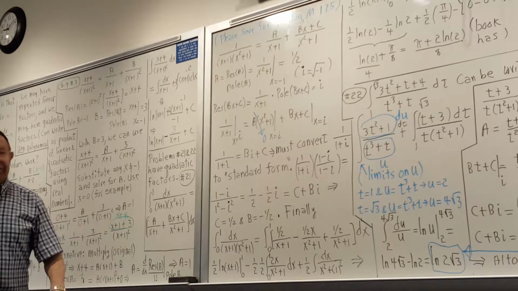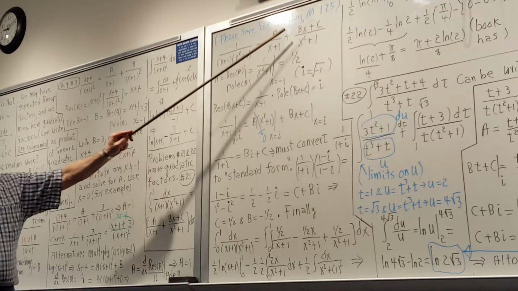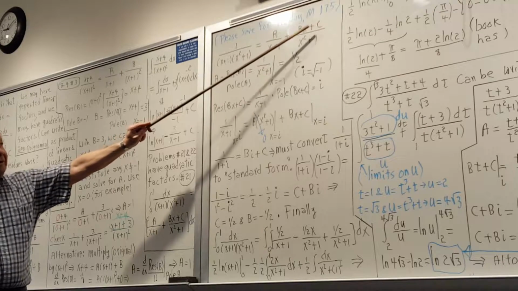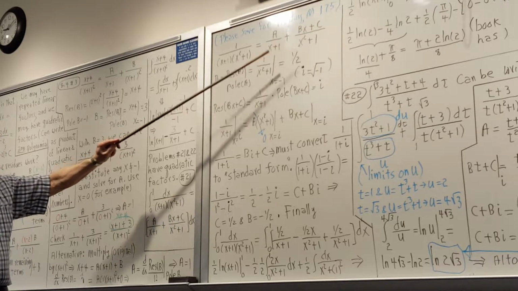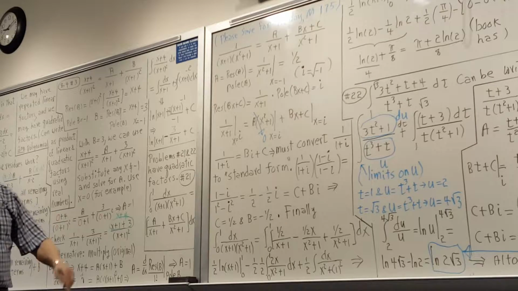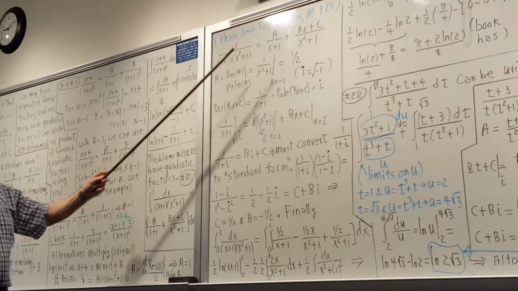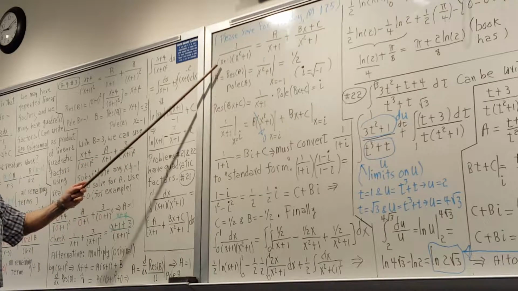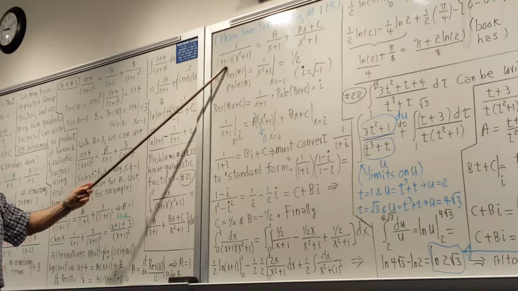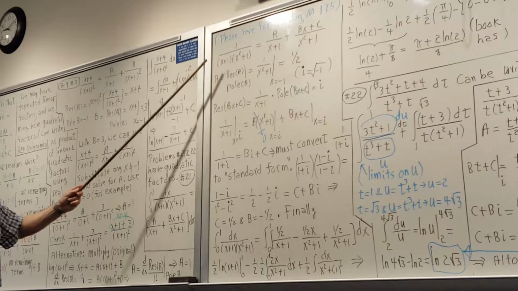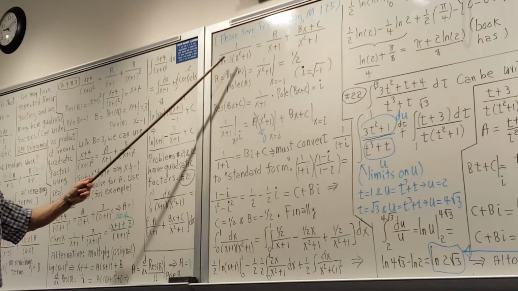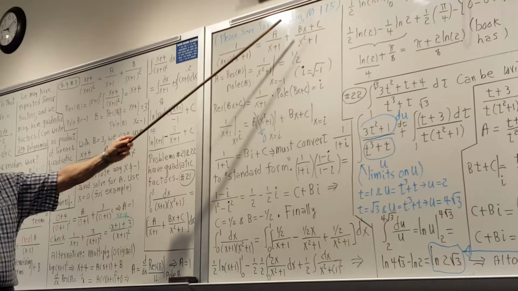So now the most you'll have to do is 2 equations and 2 unknowns for B and C if you're going to follow the book, where they would say find any x you want other than minus 1, because you can't divide by 0, and put in 2 different values for x.